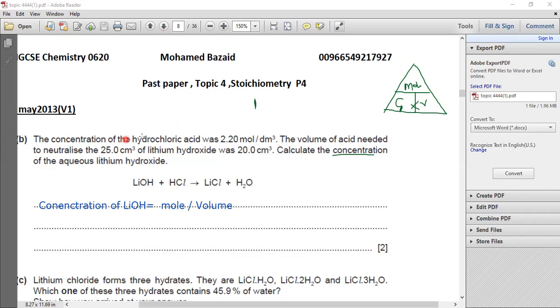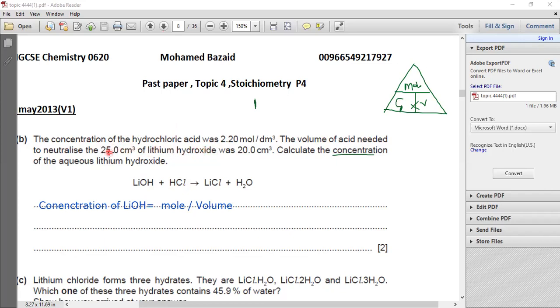The concentration of hydrochloric acid, he's talking about hydrochloric acid, was 2.20 mole per cubic decimeter. This is the concentration of hydrochloric acid. The volume of acid needed to neutralize 25 cubic centimeter of lithium hydroxide. Oh, this is the volume of lithium hydroxide.